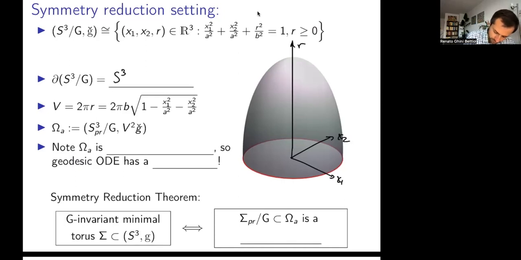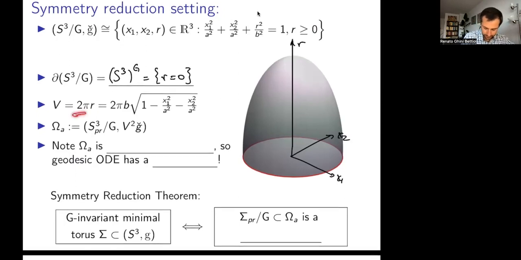These are the fixed points of the action. And the volume function, again, is 2 pi R. So if you solve for R in this equation, you see that it's that. So again, it's 0 on the boundary.